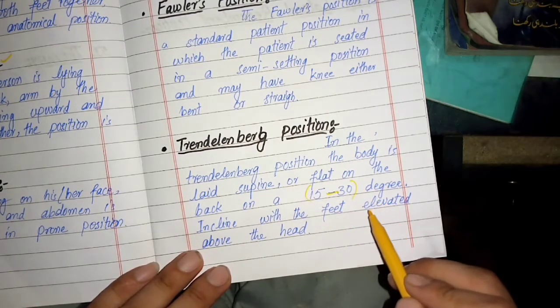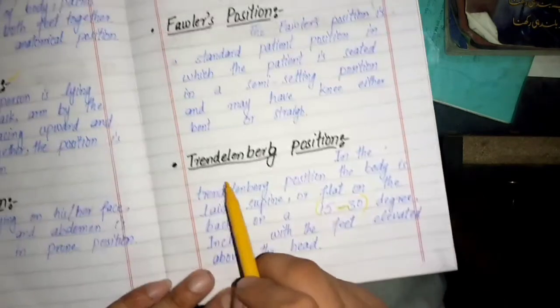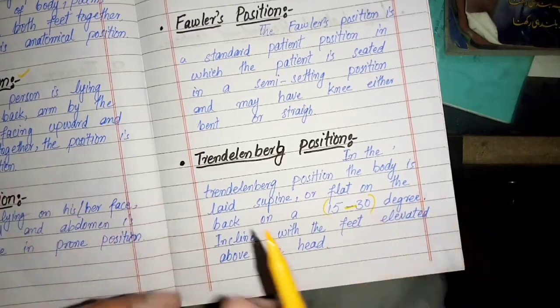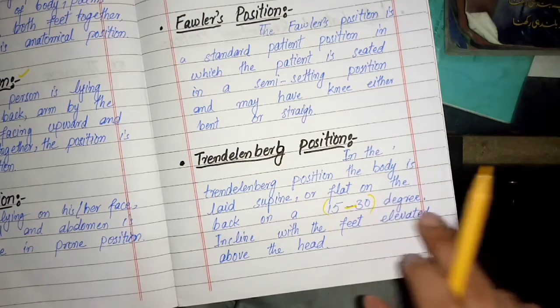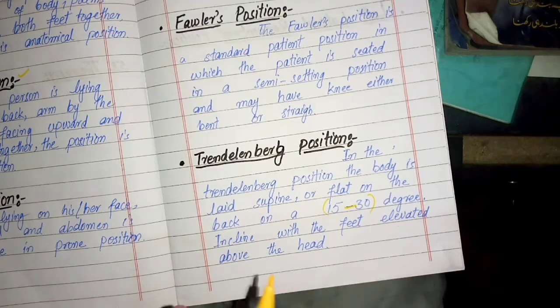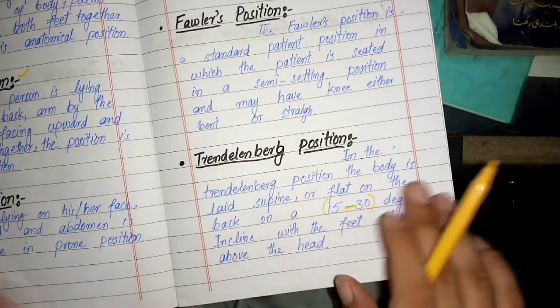This is mostly used to regulate blood pressure. You can see it in the picture, and it is also used when the patient faints, or when some drugs or injections overreact on the patient, so we put the patient in the Trendelenburg position.